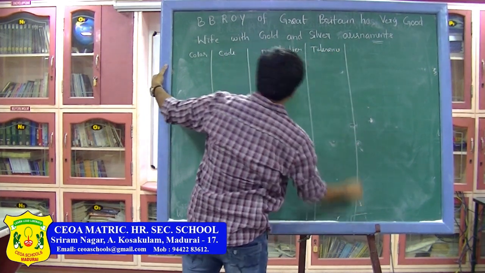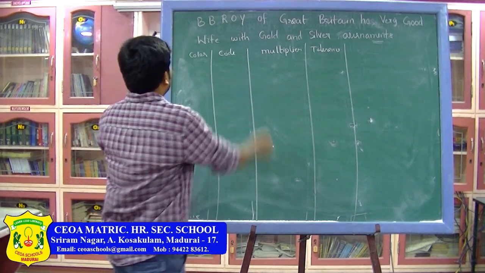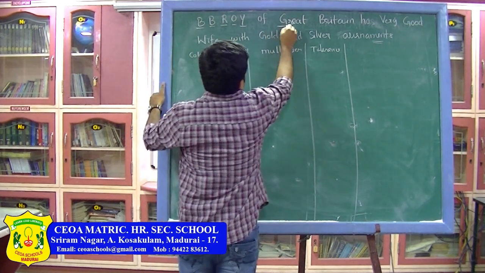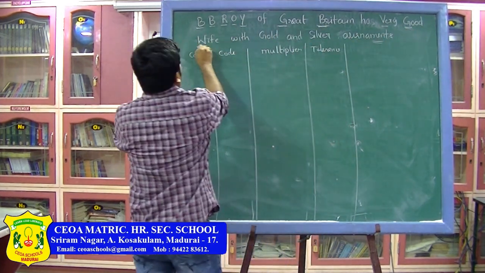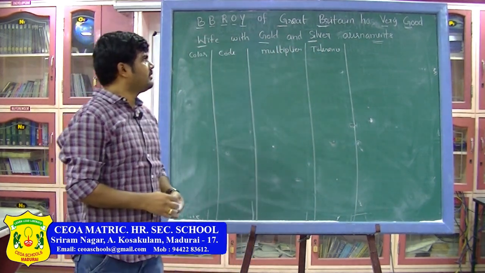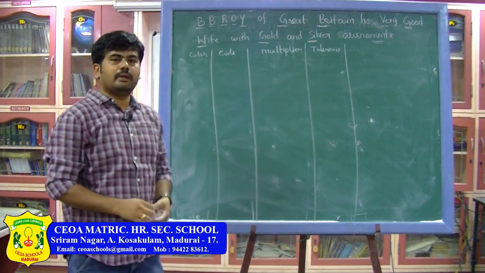Remember, just remembering this sentence, you can remember all the codes for the colors. Observe the capital letters in the sentence. So: BB Roy of Great Britain has very good wife with gold and silver ornaments.